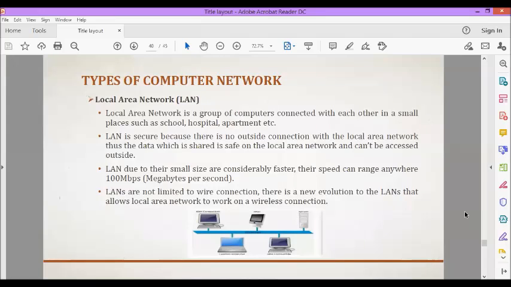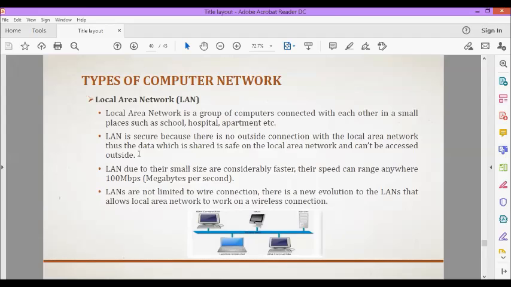So we have the local area network, also known as LAN. So local area network is a group of computers connected with each other in small places such as school, hospital, apartments, and others.